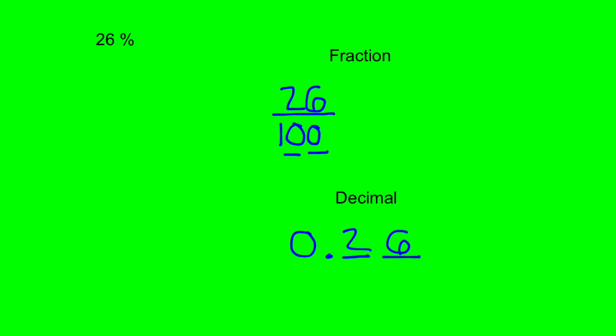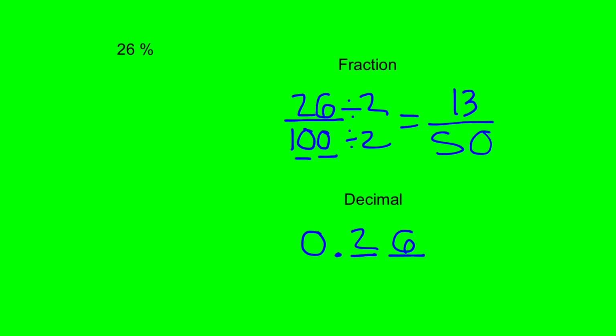To get this in simplest form, we recognize that both the numerator and denominator are even numbers, so we could chop them in half by dividing by 2. 26 chopped in half is 13, and 100 chopped in half is 50. And in simplest form, this fraction is 13 over 50. We can't simplify it anymore.